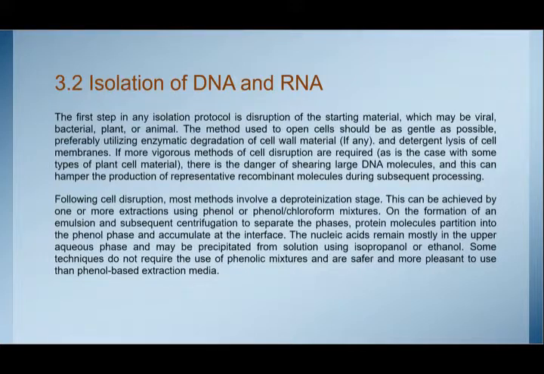If more rigorous methods of cell disruption are required, there is the danger of shearing large DNA molecules, and this can hamper the production of representative recombinant molecules during subsequent processing.